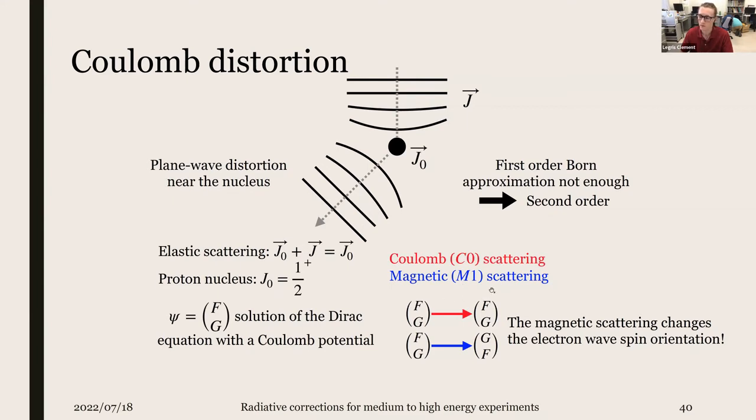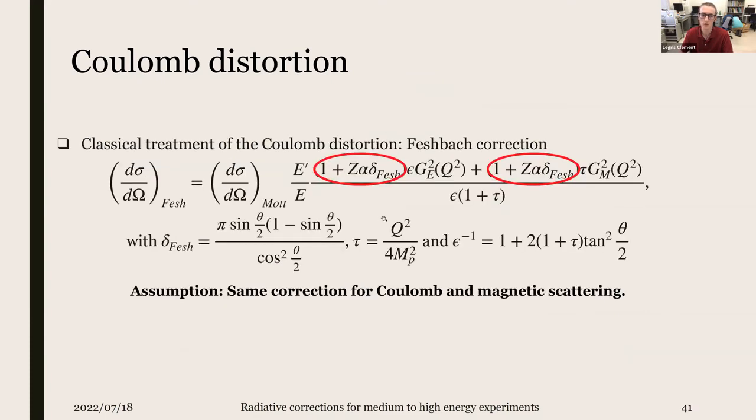But actually, these scatterings are really different, as the Coulomb scattering does not change the electron spin orientation, while the magnetic scattering changes the electron spin orientation. So the classical treatment of the Coulomb distortion is the Feshbach correction.